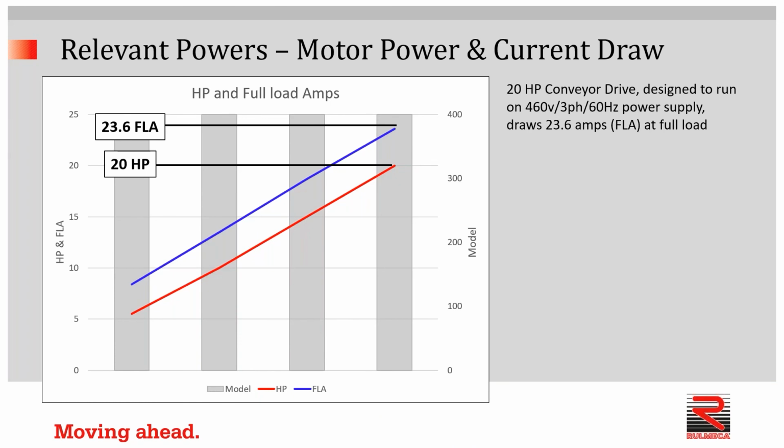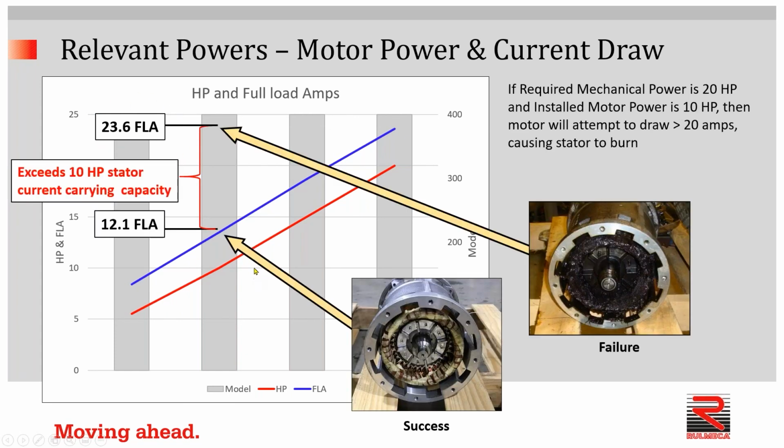We have another motor that has been designed to run on 460 volt, 3-phase, 60 hertz, and provide 20 horsepower. However, note that this one is designed to carry continuously 23.6 full load amps. If a 10 horsepower motor is subjected to a mechanical overload in which it is expected to provide 20 horsepower, while it was designed to only carry 12.1 full load amps while providing 10 horsepower, it will burn.